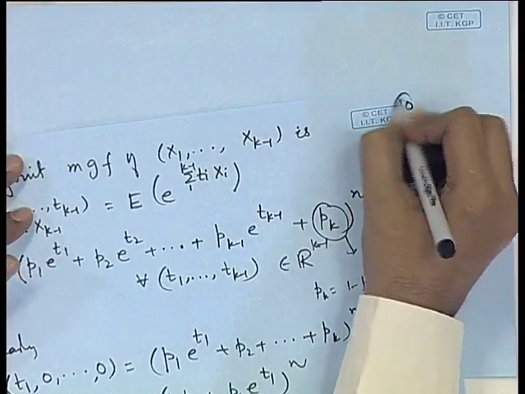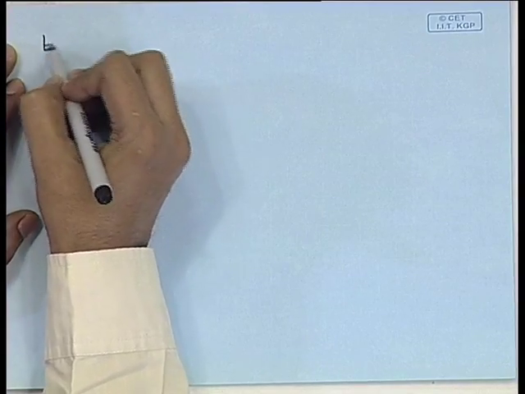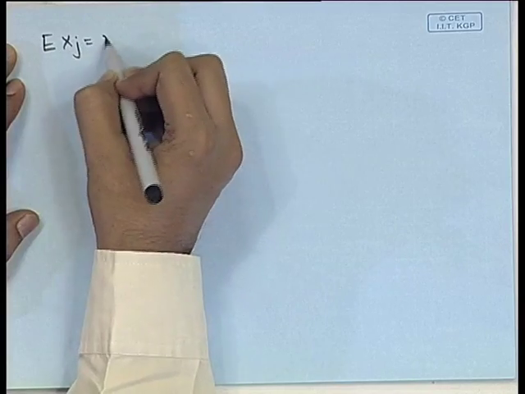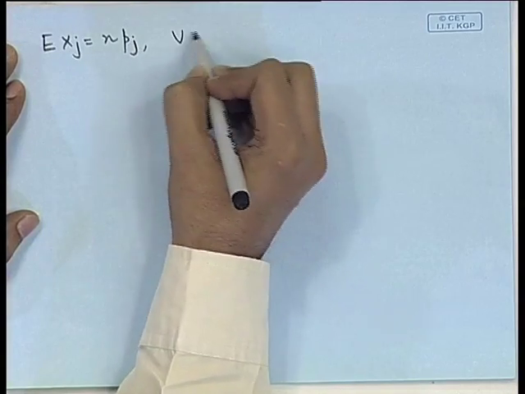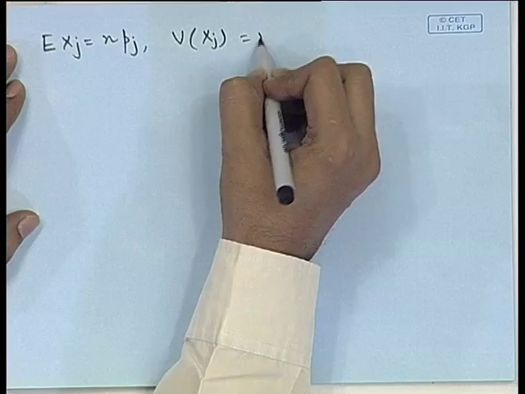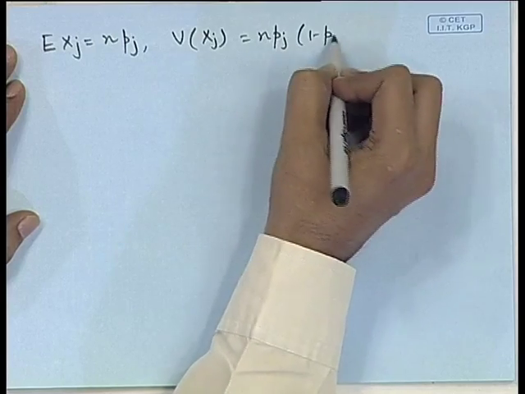In particular, we can talk about expectations. So, naturally expectation of x j will be n p j, variance of x j will be n p j times 1 minus p j.